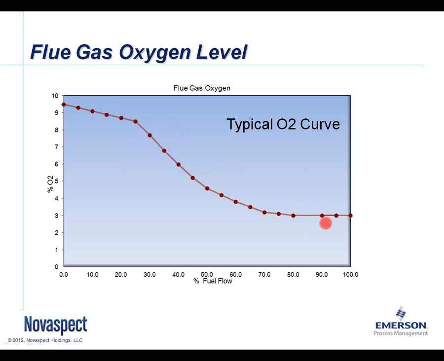One of the key setup points we're looking for is that right along here, the lower we can maintain this minimum O2 level, the more we maximize the efficiency of the unit down at these lower load operating points. The key here, though, is not to lower this so low that we start to hit right up at that knee of that CO curve on that first chart we looked at.